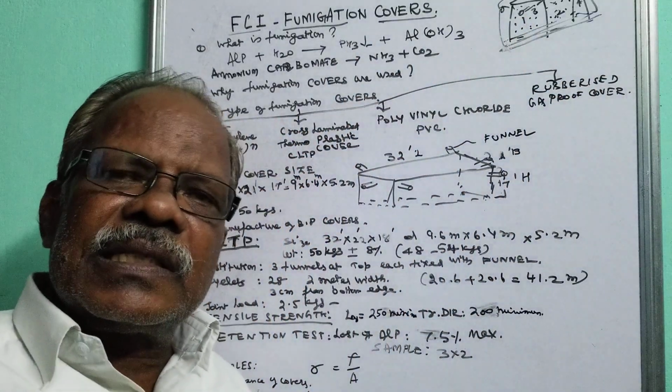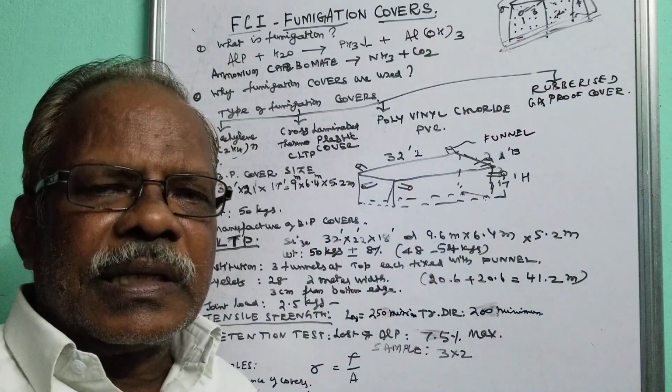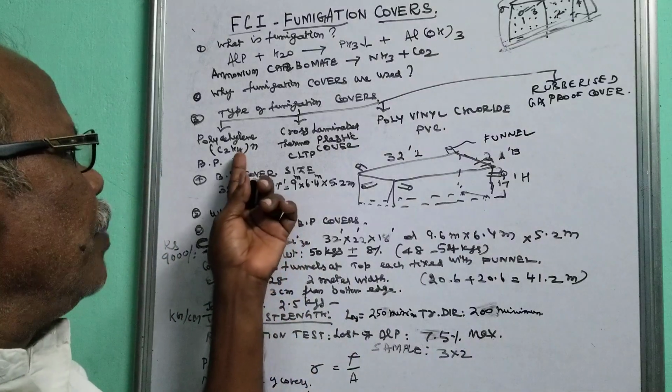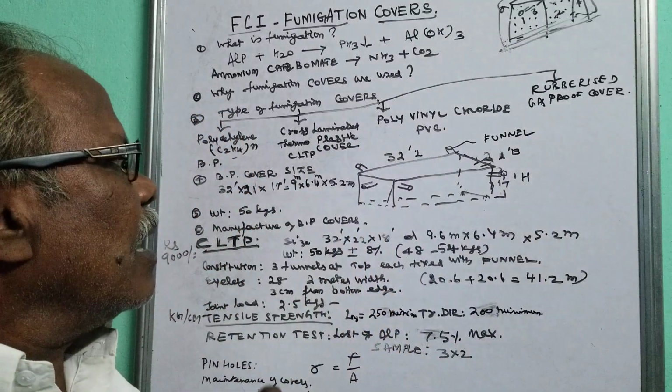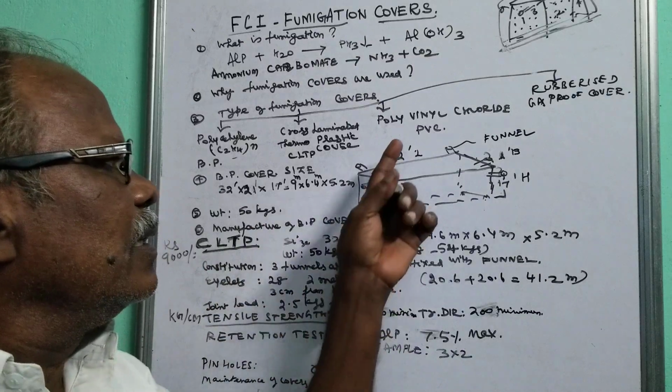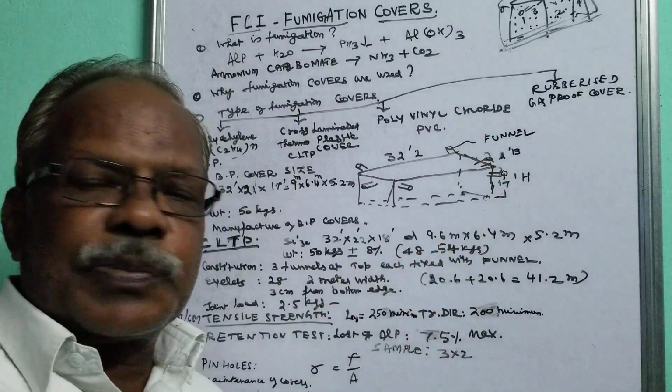As far as FCI is concerned, we used 4 types of covers: polyethylene, (C2H4)n, then cross laminated thermoplastic cover, polyvinyl chloride, and then rubberized gas proof cover.